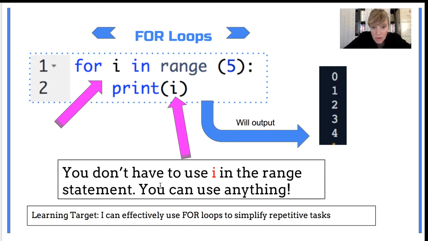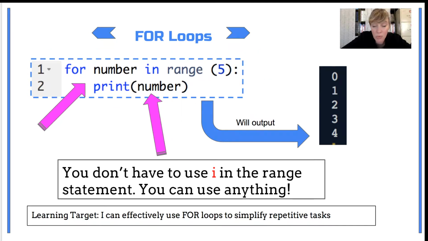Okay, so you don't have to use i as the iteration variable. This one says for i in range 5, print i, and this outputs 0, 1, 2, 3, 4. Those are the 5 values of the iteration variable as it goes through. You don't have to use i in the range statement. You could use anything. Let me give you an example. Instead of i, you could use the word number.